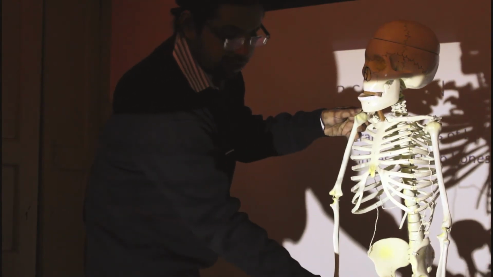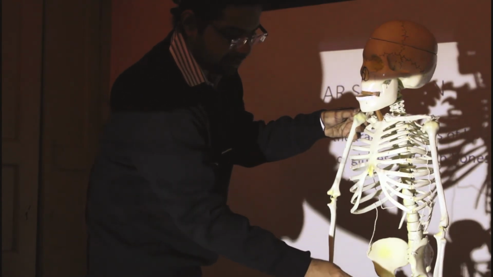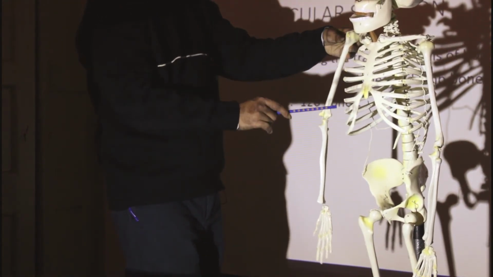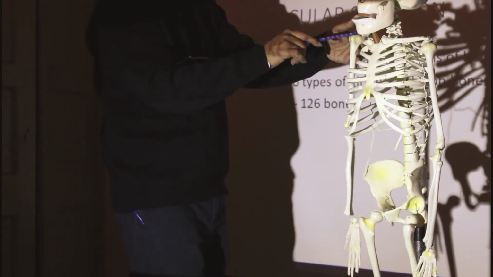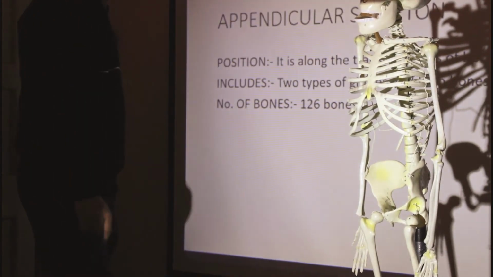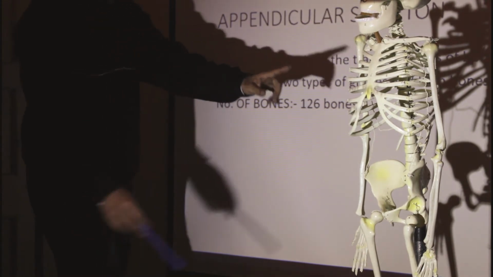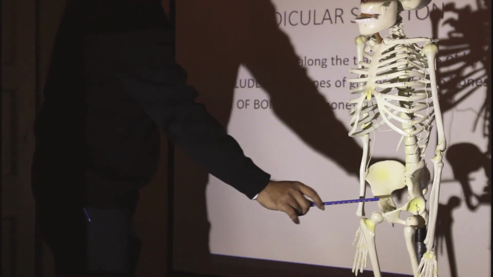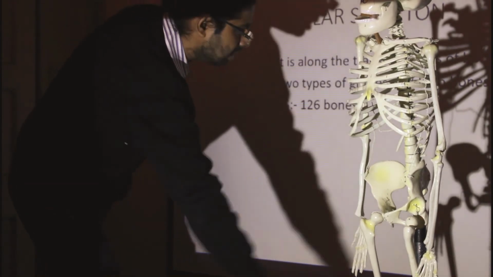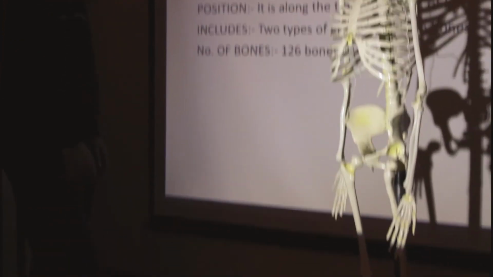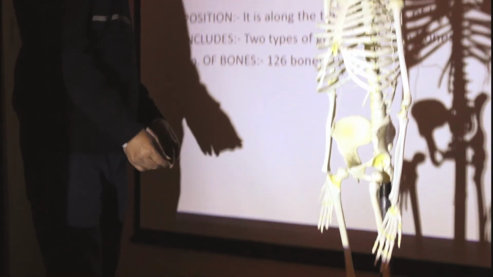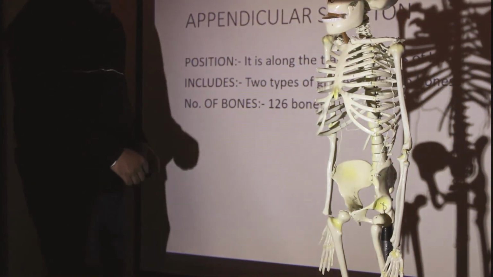The head of the femur attaches with the pelvic girdle and the head of the humerus attaches with the pectoral girdle. Limb bones means the hand and the leg. The total number of bones in the appendicular skeleton is 126, and the axial skeleton has 80 bones.